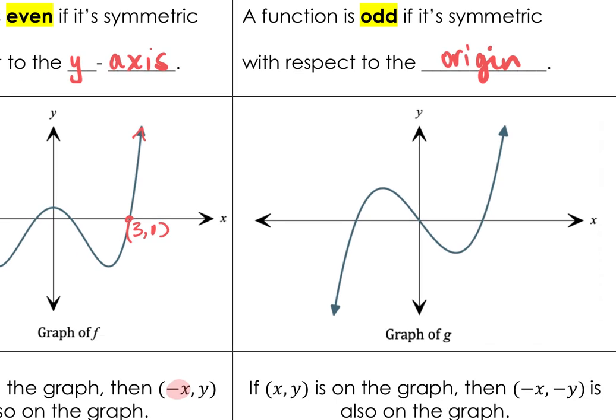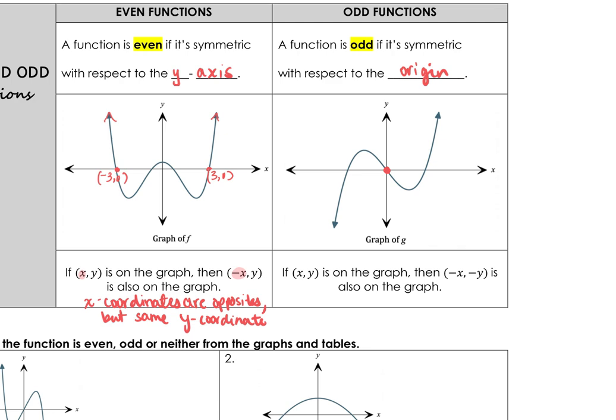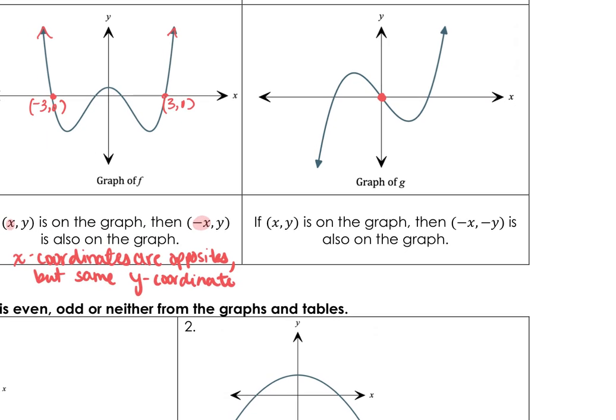So now instead of folding it in half along the y-axis, you would fold it on this origin point, and then you would notice that the two sides would be the same. So they're symmetric with respect to the origin. So if we're looking at these coordinate points, what this means is that on these graphs, for every x, y coordinate, there's a negative x, negative y.